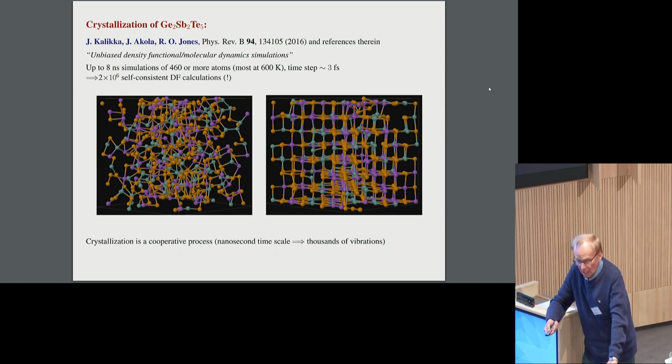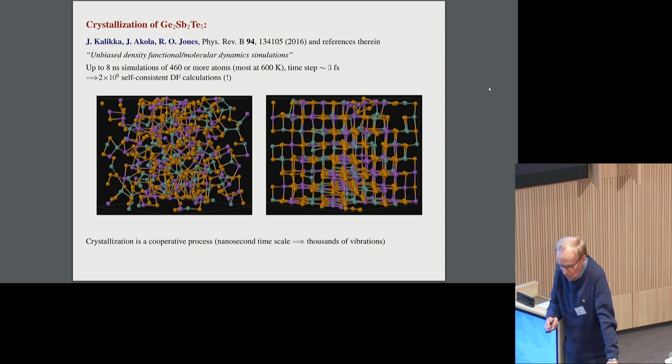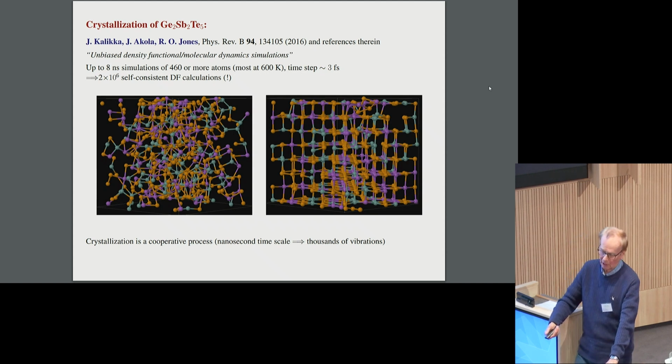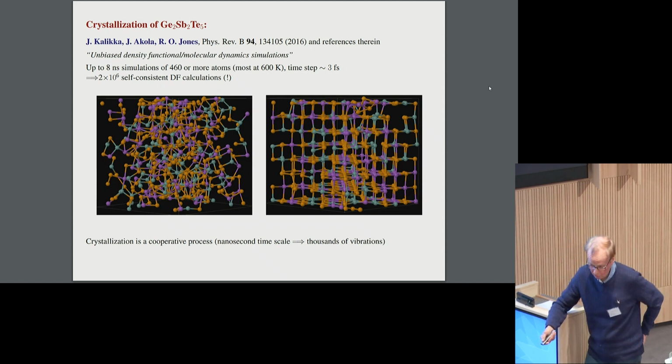Now, this is a calculation that involves a large number of atoms and a small time step, and this means that these calculations of how this amorphous material turns into a crystalline material, you have to be very patient. You need a lot of computer time. There are, in this calculation, more than 2 million self-consistent density functional calculations for hundreds of atoms.